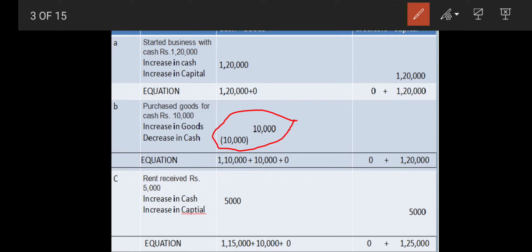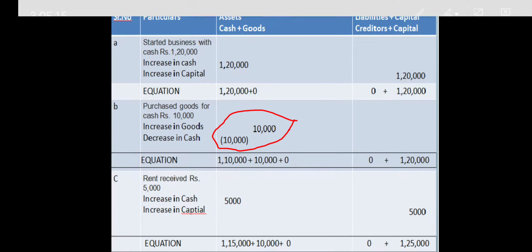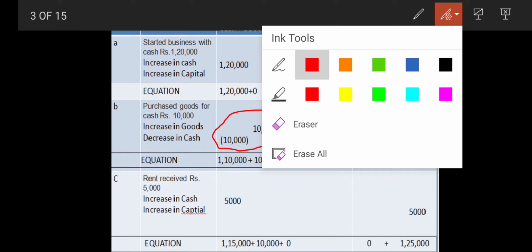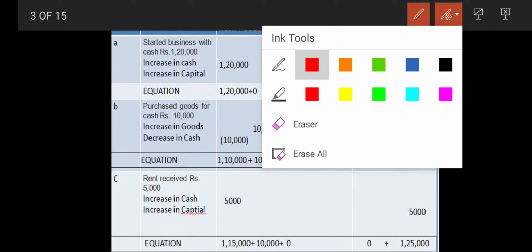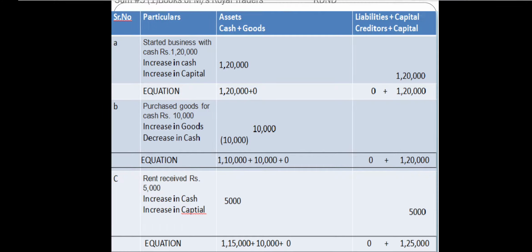At the same time, if the entries come on both sides, that is the asset side and the liability side, then they will be either both positive on opposite sides or both negative on opposite sides. That will give you the justification of A is equal to C plus L. So whenever you are doing this accounting equation, we have to be keen about what effects you are giving. The final total will be equal only when your equation effects are correct.